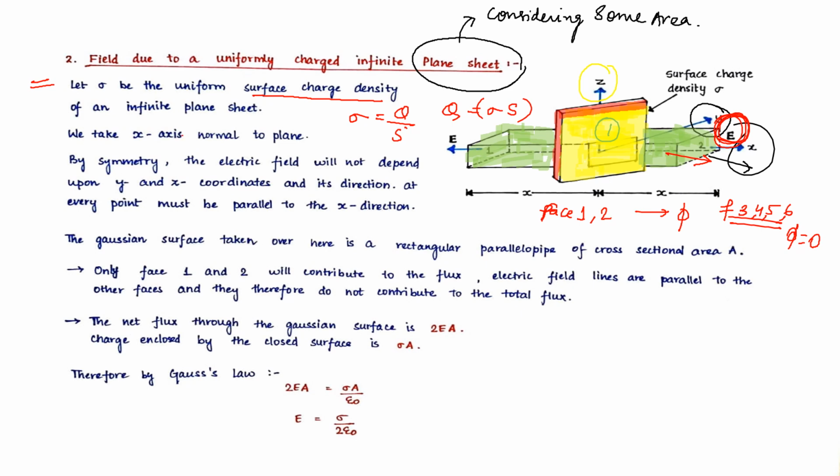We take the x-axis normal to the plane. This is our plane, and the x-axis is in this direction. So see, they are normal. By symmetry, the electric field will not depend upon the y and z coordinates, and its direction at every point must be parallel to the x direction.